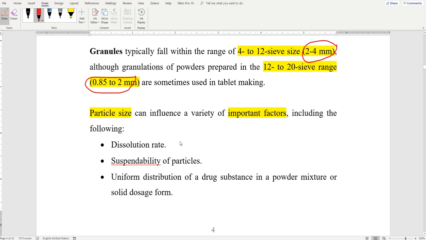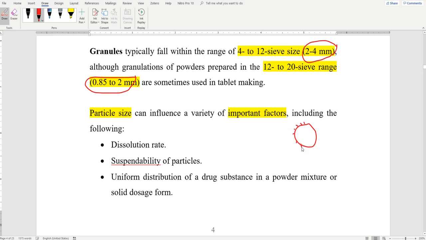Now I want you to consider the following. Suppose you have this particle. What happens when you want to dissolve it? You put it in a liquid and it starts dissolving, or let's say this is in the GIT, in the gastric fluid. The dissolution will happen from the surface.